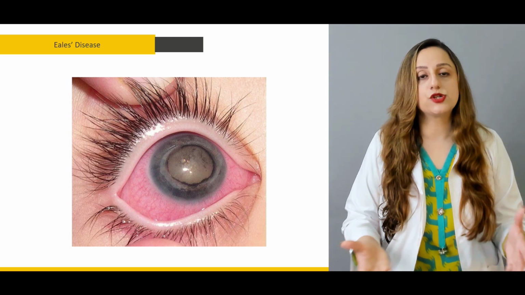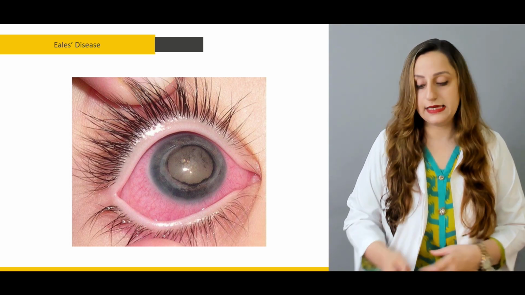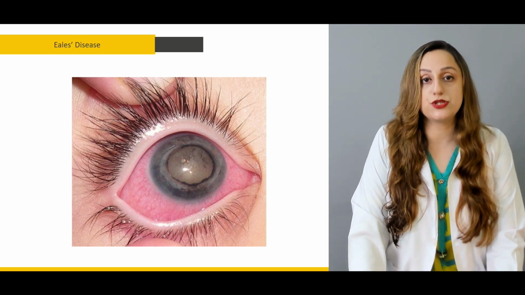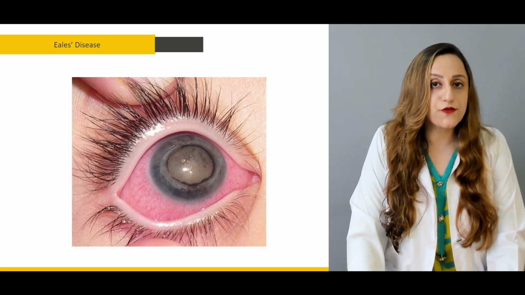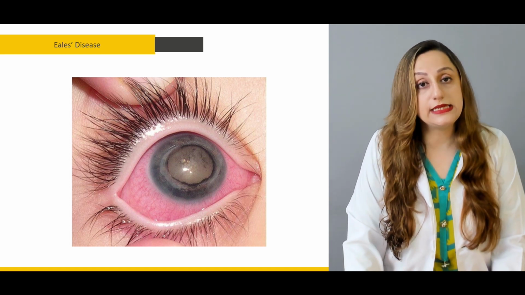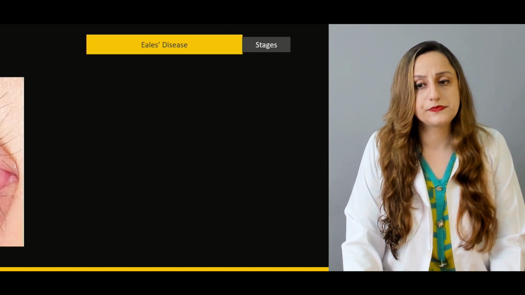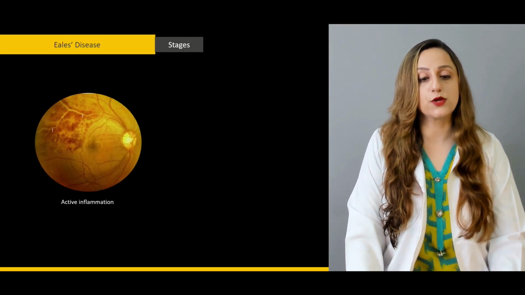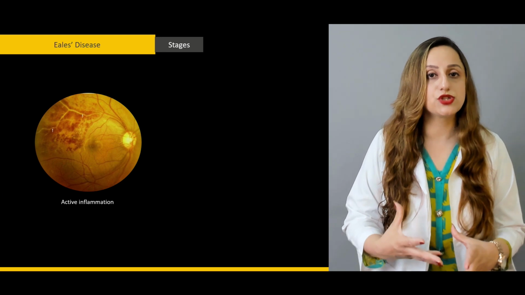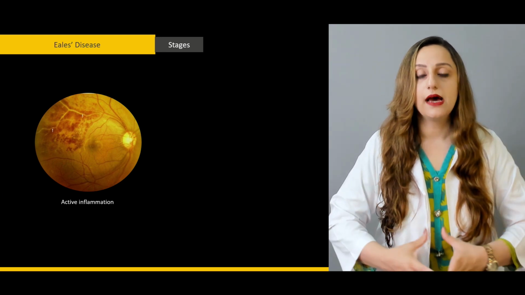Signs and symptoms that are related to the Eales disease are the floaters, and a decreased vision is usually suggestive of the diagnosis of Eales disease in these individuals. The stages would, first of all, encompass the active inflammation that would occur in these individuals.